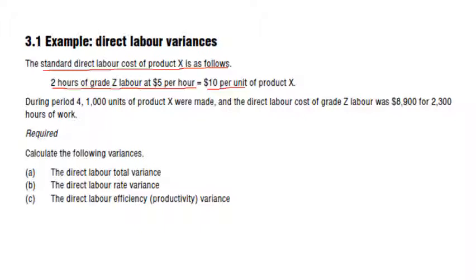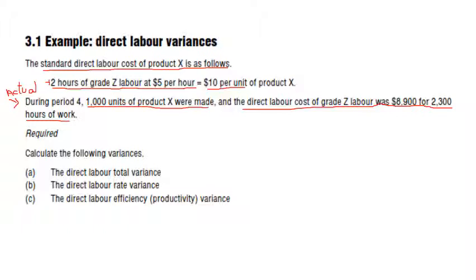During the period, 1000 units of product X were made, and the direct labor cost of grade Z labor was $8,900 for 2,300 hours of work. This information is the actual information that was incurred, and this information was the standard you already made.